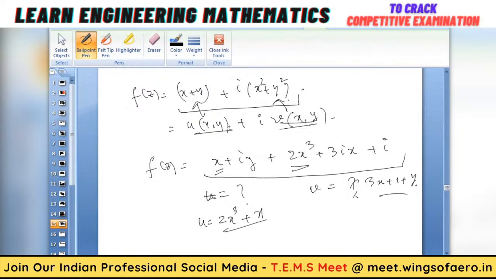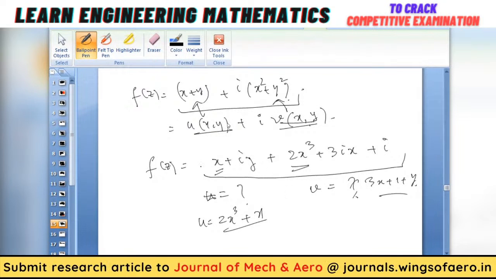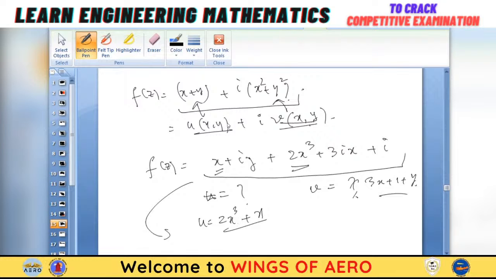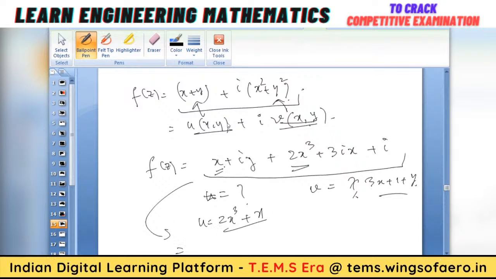So the function can be split into two parts: the i part and the simply real part. The real part is what is not multiplied by i.